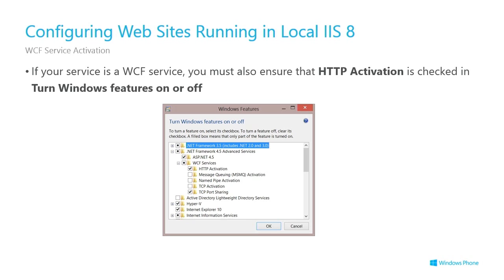So first of all, if you're doing WCF services, you need to ensure that the HTTP activation feature is turned on in the Turn Windows Features On or Off dialog. So drill down to .NET Framework 4.5 Advanced, go down under there to WCF, and you need to check the HTTP activation there.